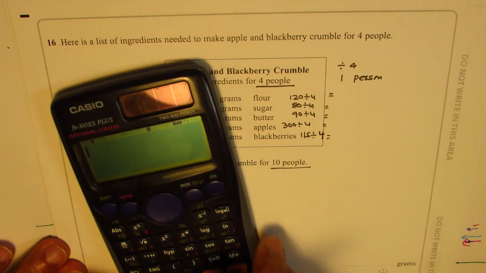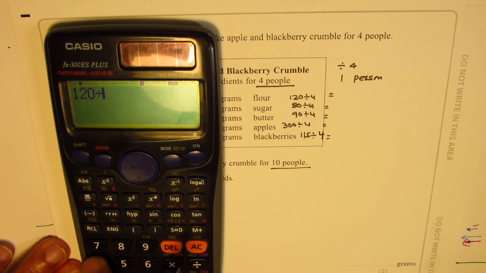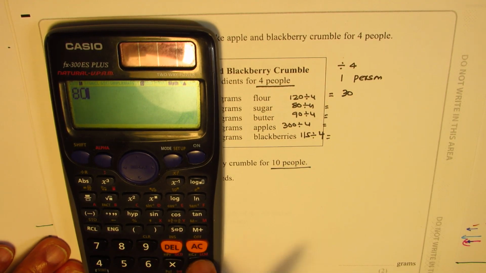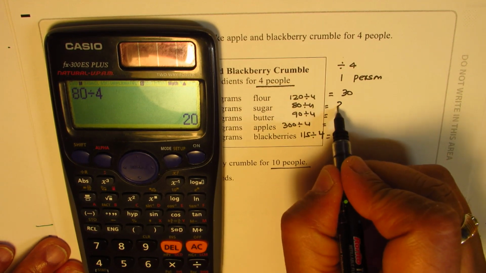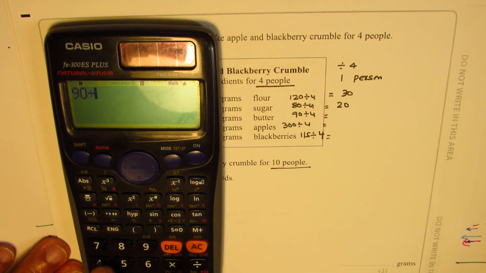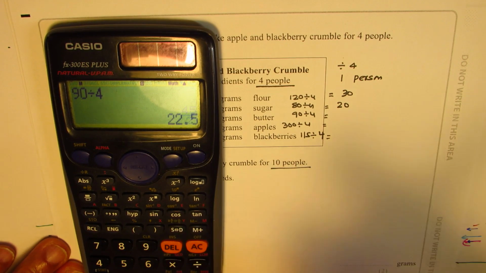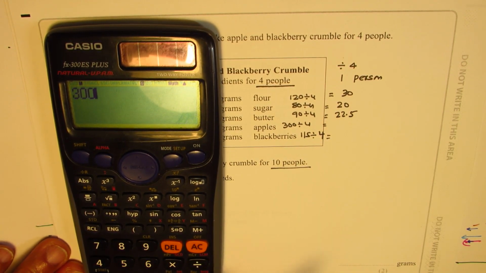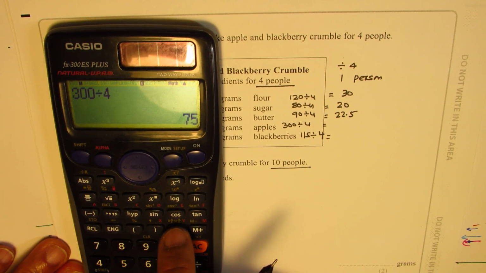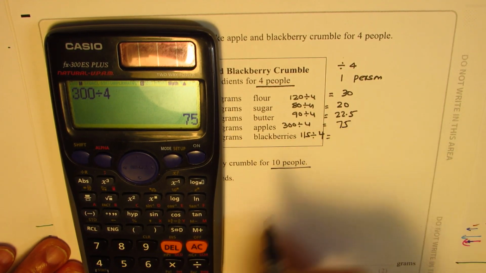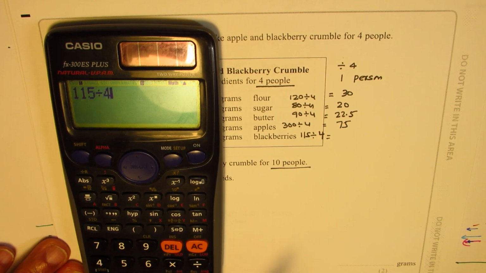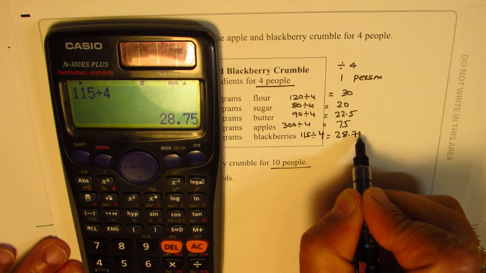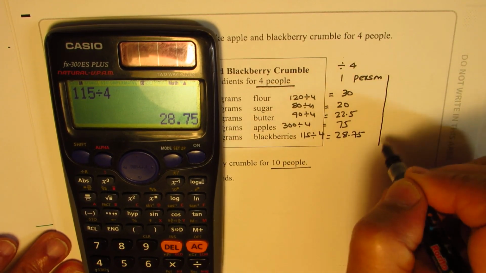So let's do it using the calculator. 120 divided by 4 is 30. 80 divided by 4 is 20. 90 divided by 4 is, in decimals, 22.5. 300 divided by 4 in decimals is 75. And 115 divided by 4 in decimals is 28.75. Now we have to write for 10 persons.